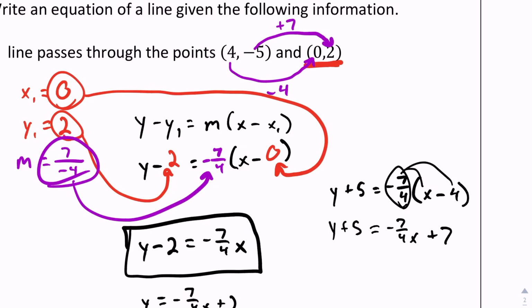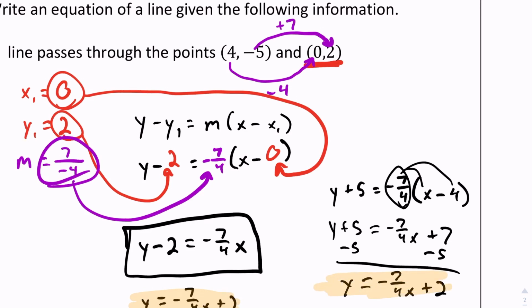Now, if we go to solve this for y, subtract 5 from both sides, and we get y equals -7/4 x plus 2. And now, as you can see, when this gets solved for in slope-intercept form, we come up with the same equation. And the only way that works is that both of them will get you the same exact line.